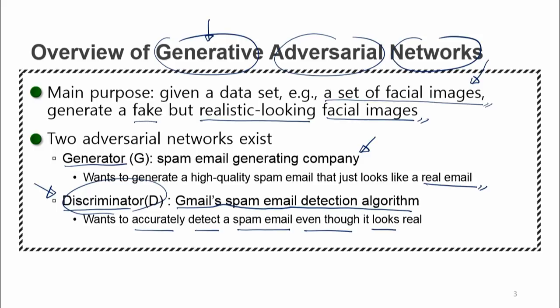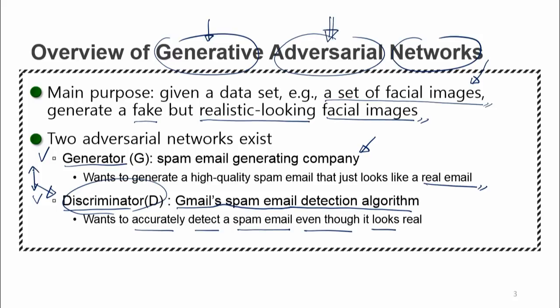That way, the spam email generating company and Gmail's spam filtering algorithm have an adversarial relationship. That's why we call them adversarial networks.